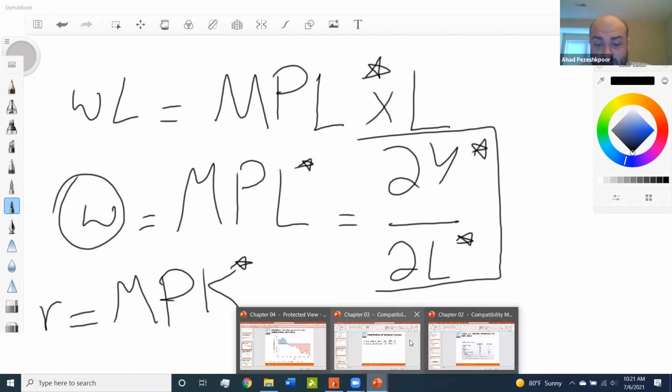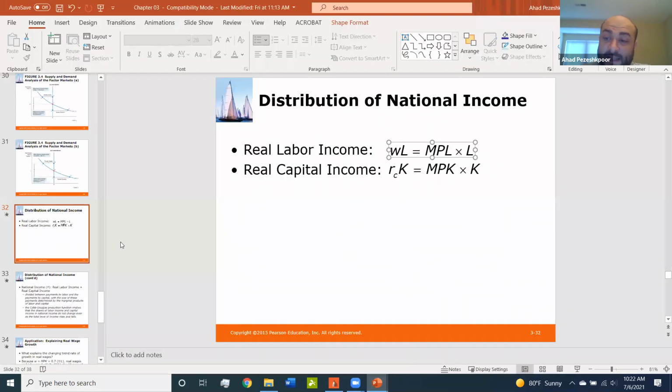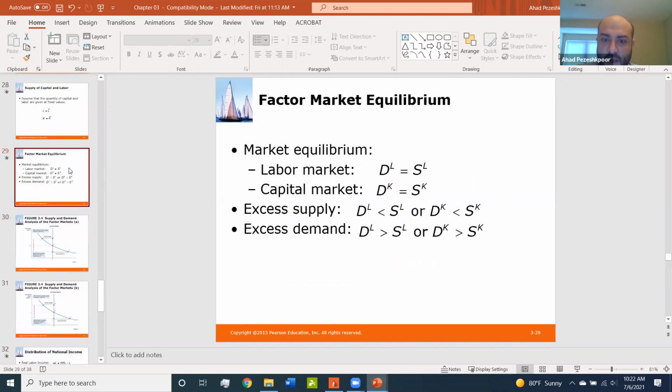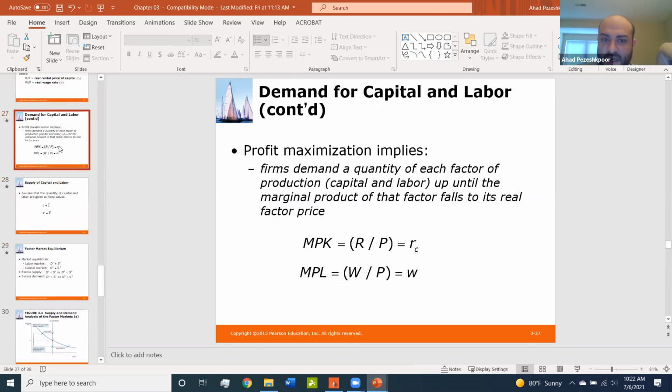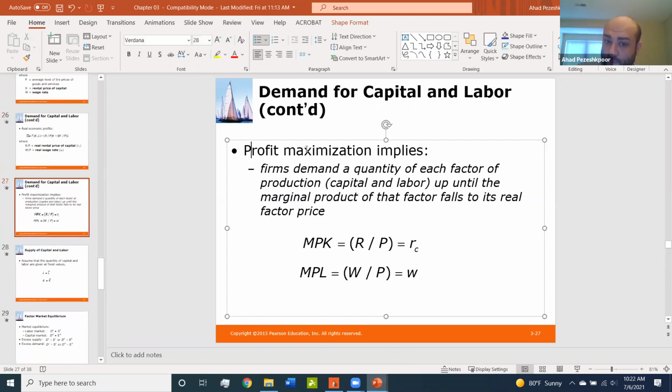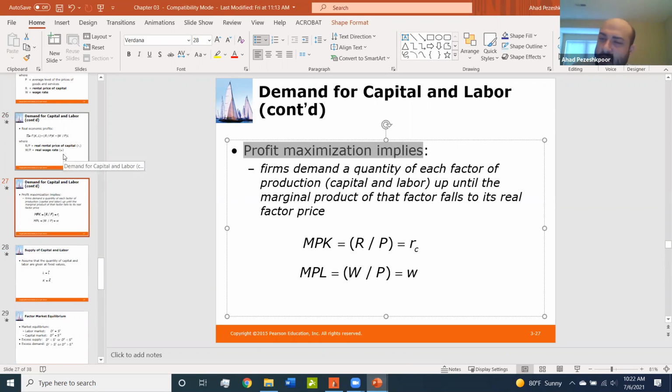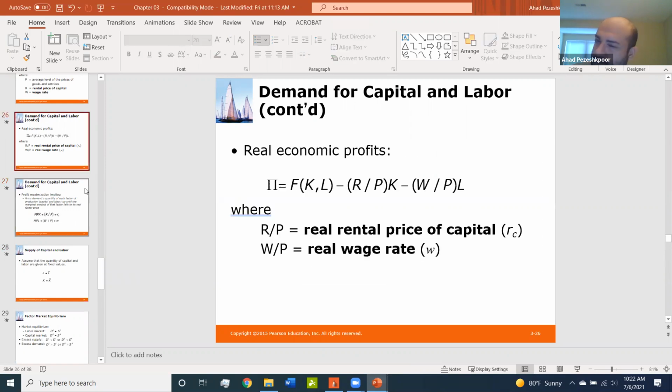Now, the way to find this, I really don't want to make it complicated. This is why I'm just talking and not doing the math behind it, because it's like a summer course, undergraduate level. But the way to find this is that we assume we're at equilibrium and companies are trying to maximize their profit. How do you maximize a function? Anybody remember?